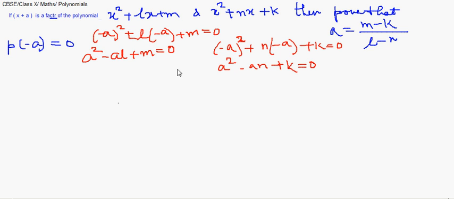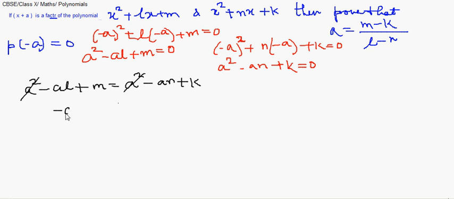As both the equations are equal to 0, we can equate the left sides. So that would give us the following, the one which I'm writing. It is a square minus al plus m is equal to a square minus an plus k. Now if this a square gets cancelled, I'm left with minus al plus an equals k minus m.